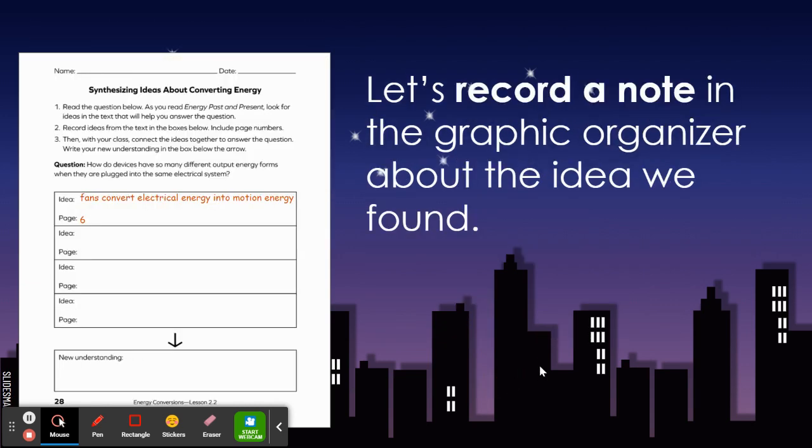Let's look at this question. How do devices have so many different output energy forms when they're plugged into the same electrical system? Well, personally, I think seeing that a fan converts electrical energy into motion energy is a great idea. So I think you should record it in your graphic organizer on page 28.